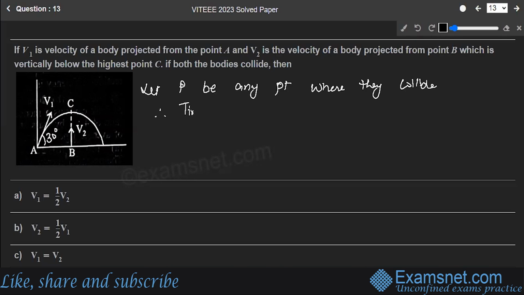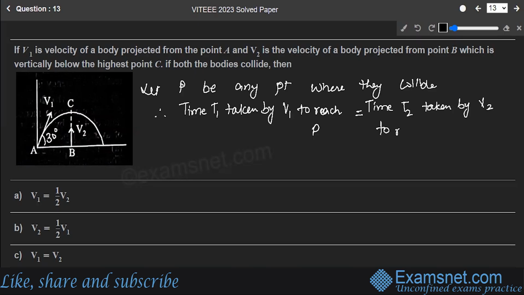Therefore, time taken by the object with the velocity v1 to reach P, let's say this is t1, equals time t2 taken by B with the velocity v2 to reach P. That means these both times are equal, and you can simply say t1 is equal to t2.